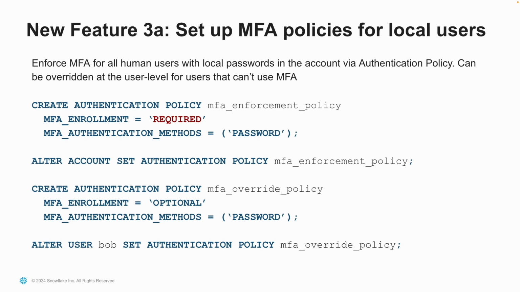So what we can see here is that we are requiring MFA enrollment for any of the users that leverage password as their authentication mechanism. And we can also see as our second example policy here that we can also make that optional. So we have a way of forcing users, but also making exceptions based on the scenario that we are presented to through our enterprise.